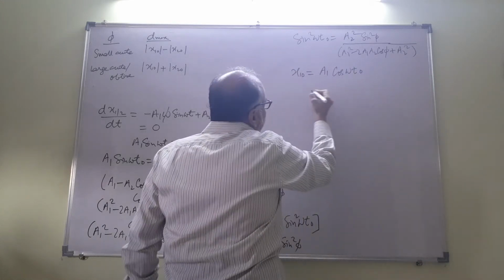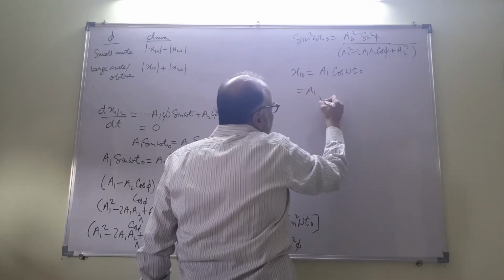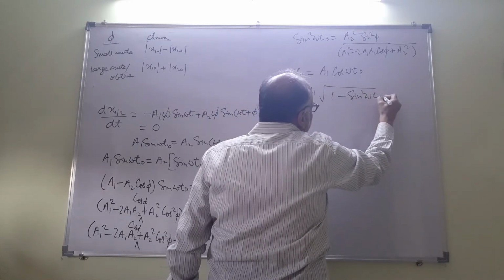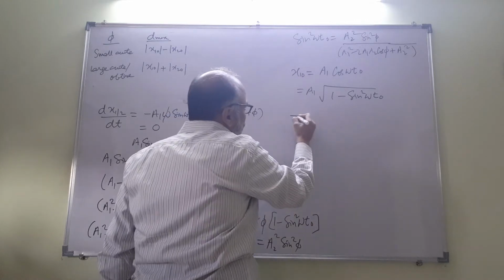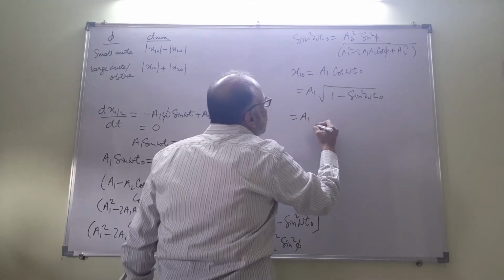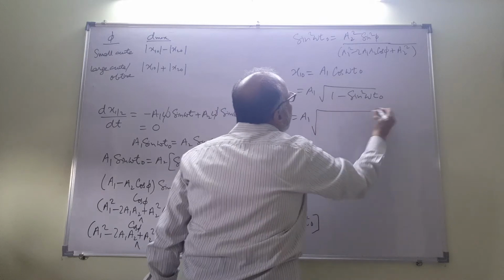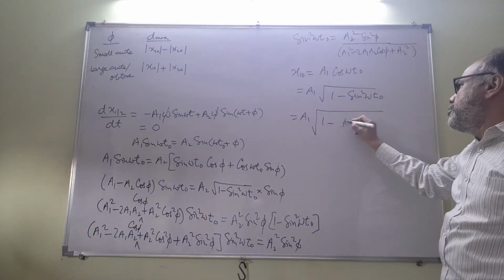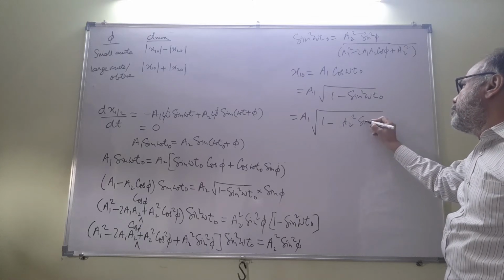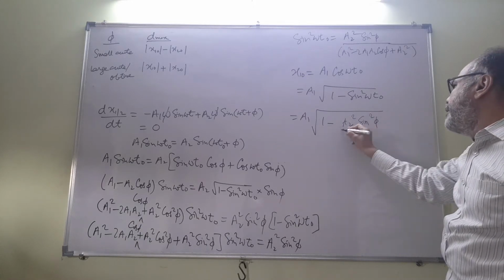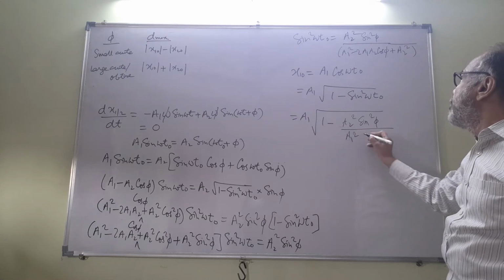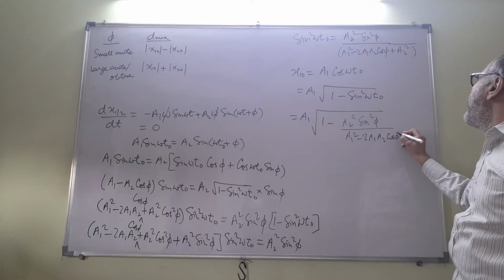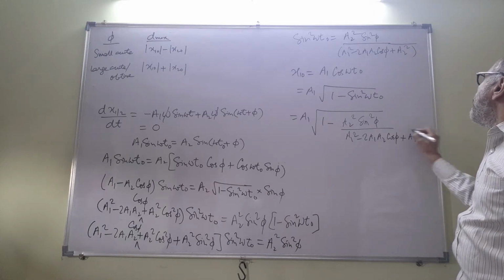So we can now write this as a1 into square root of 1 minus sine squared omega t naught. If you simplify this, you will get a1 into square root of 1 minus, substituting, a2 squared sine squared phi by a1 squared minus 2a1 a2 cos phi plus a2 squared.